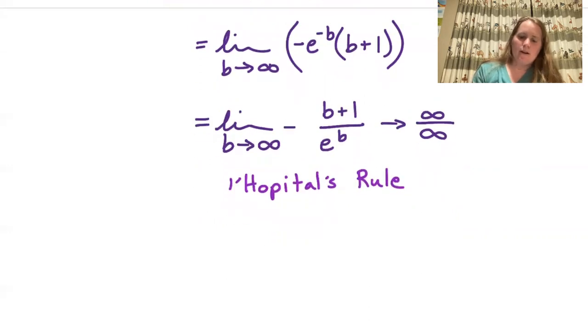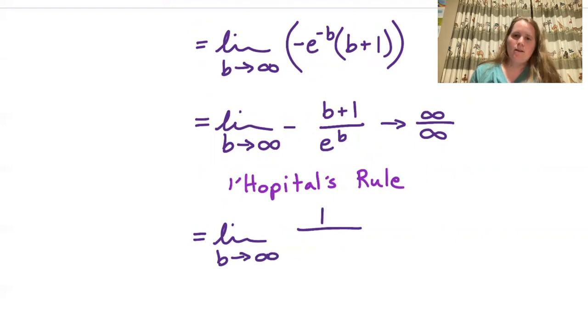And we are looking at the limit as b goes to infinity of up top, derivative of b plus 1 is just 1. We still have our negative out front. Derivative of e to the b is just e to the b. And this, of course, is just 0.